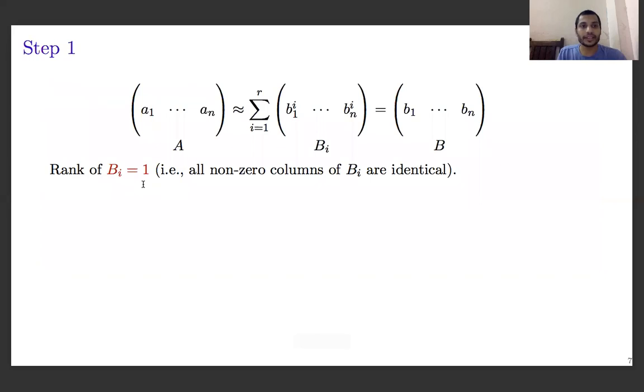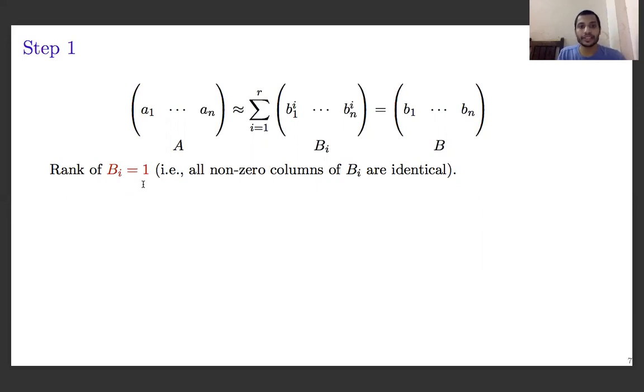Now I will give a brief idea of step one. That is, I want to reduce our problem, matrix approximation where I want to minimize the column sum norm, to binary constraint k-center. So for that, look at our problem.